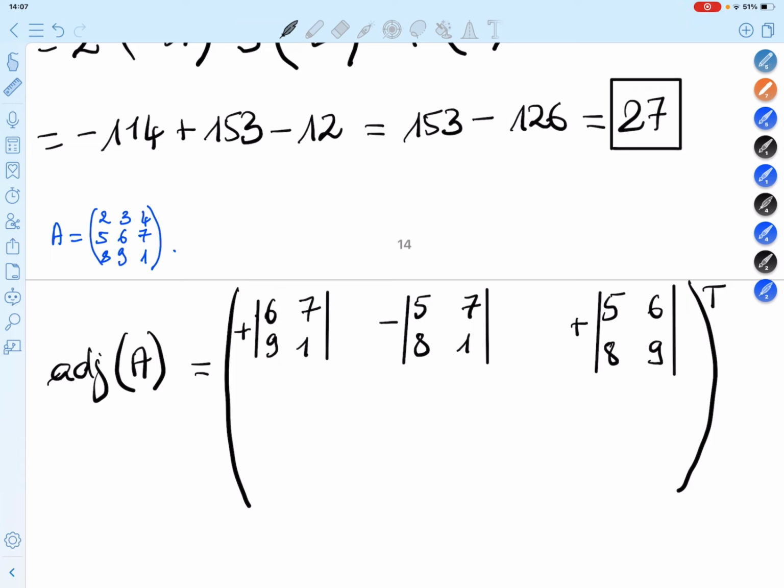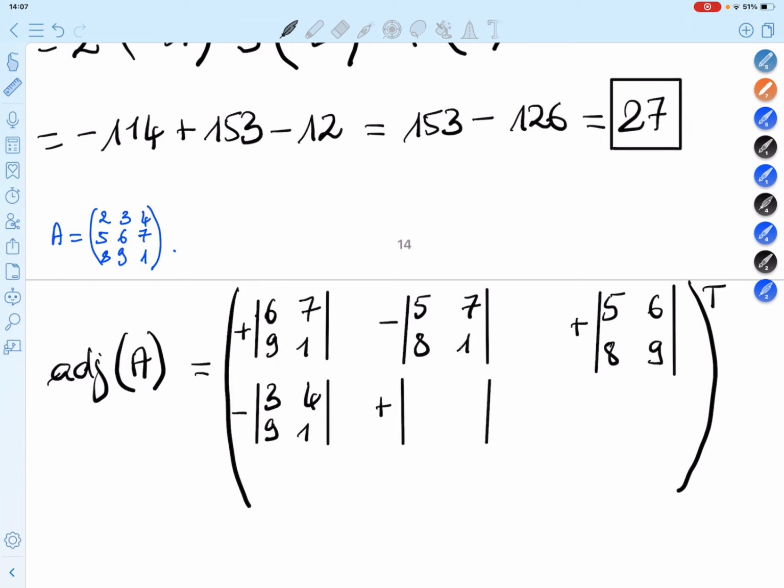So then we go to second row, first column, which is this 5. So what we need to hide is this and this. We're going to be left with 3, 4, 9, 1. So we put negative 3, 4, 9, 1. Then we put positive.